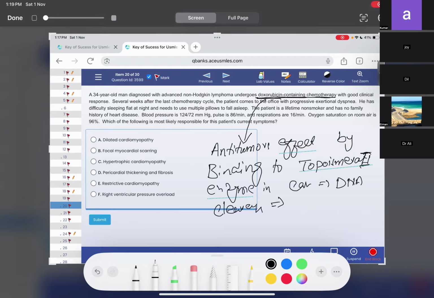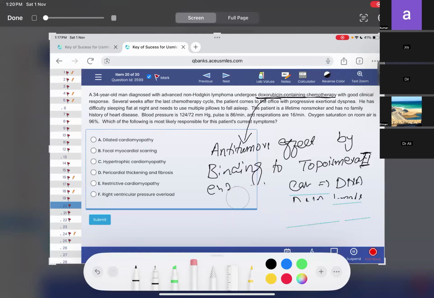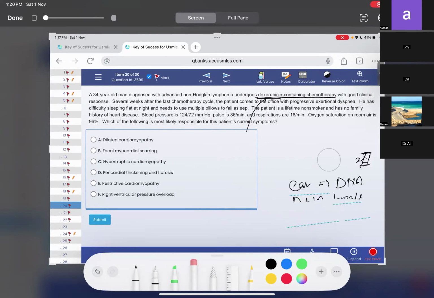As a result, this will lead to DNA breakdown and cell death. This is the function of doxorubicin, and it is the most common drug that leads to dilated cardiomyopathy, in which the ejection fraction is decreased.